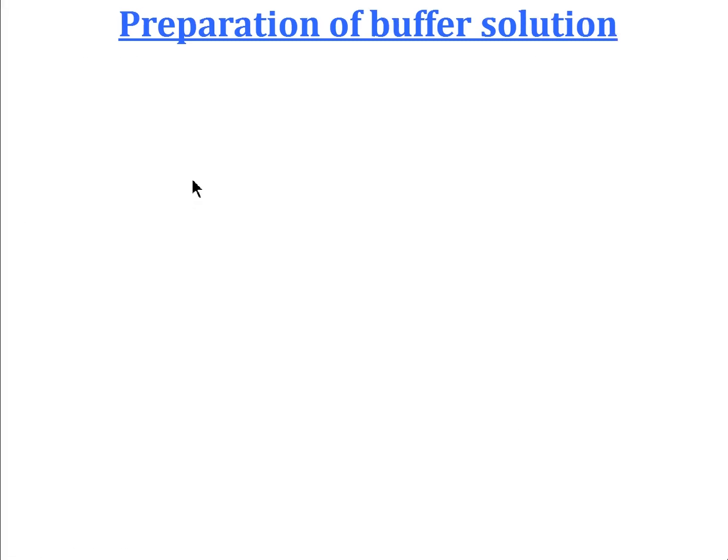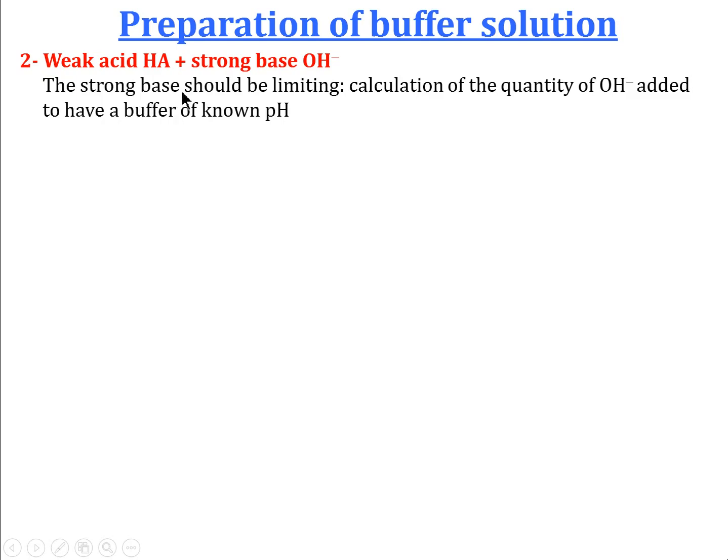The second method of preparation of a buffer solution is to react a weak acid HA with the strong base OH-, and the strong base should be limiting in order to convert a part of HA to A-. So in this way, in the final solution, we will have HA remaining and A- formed.